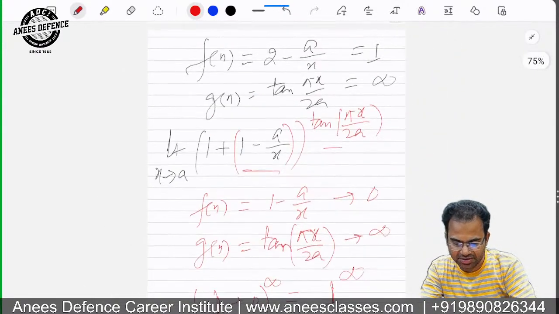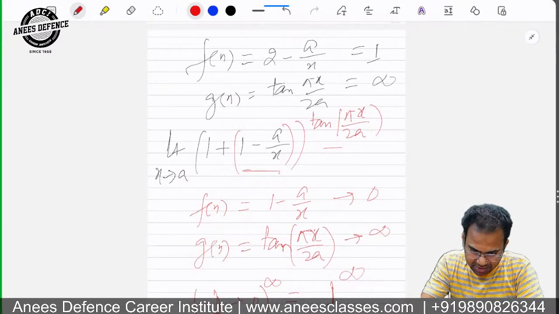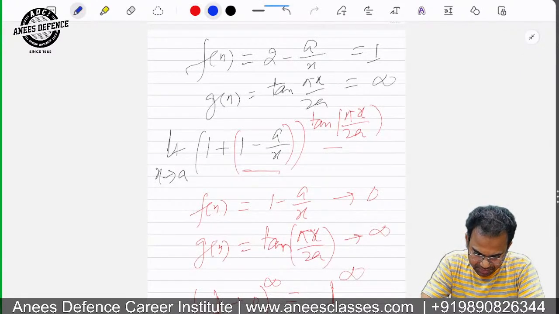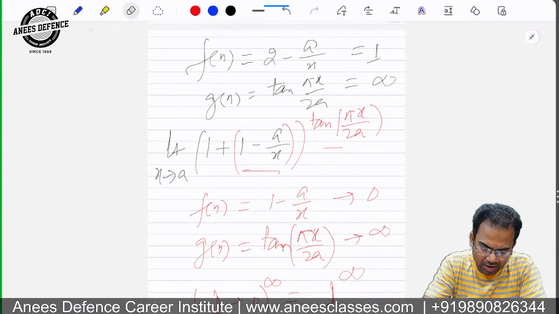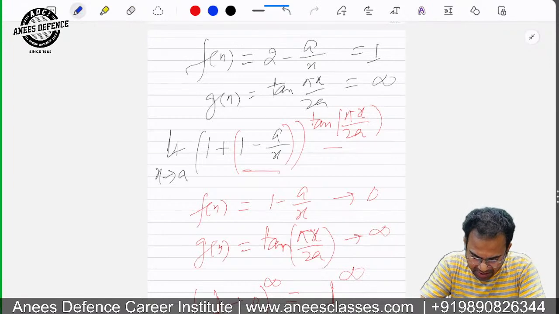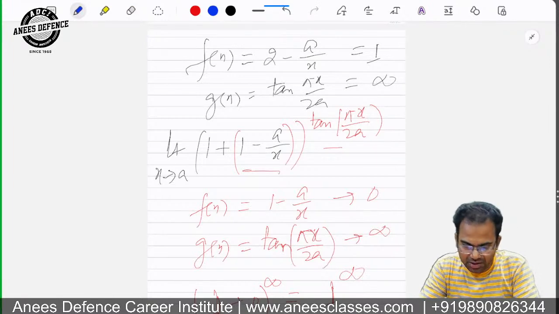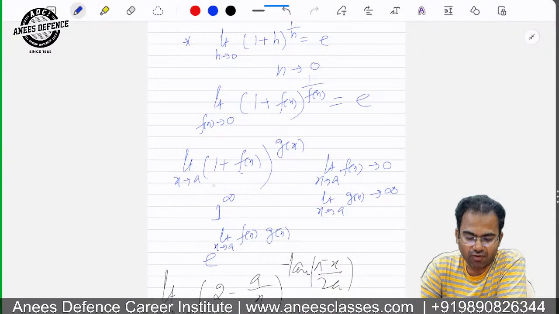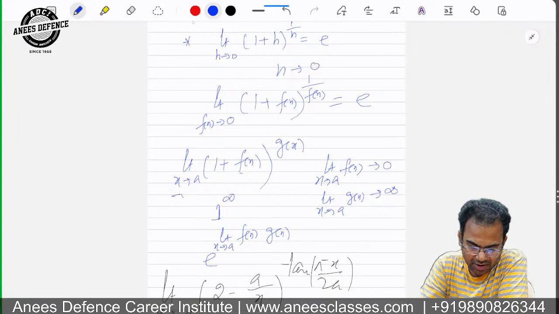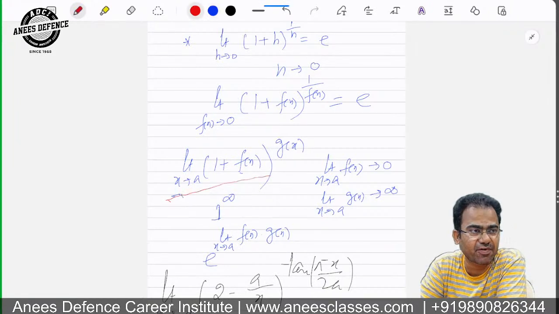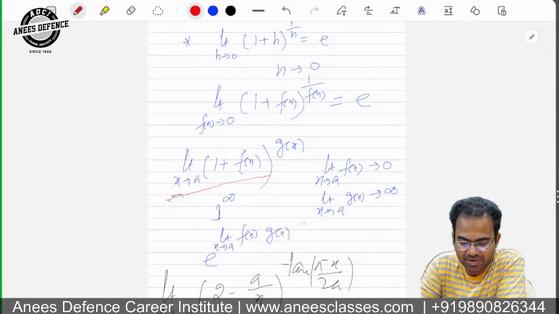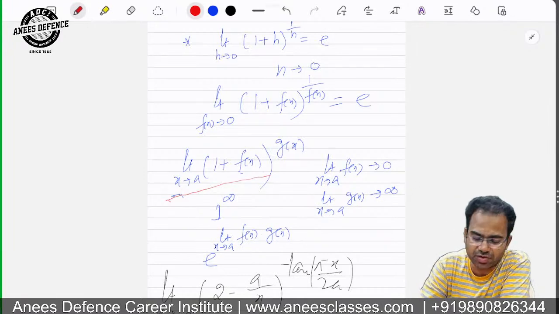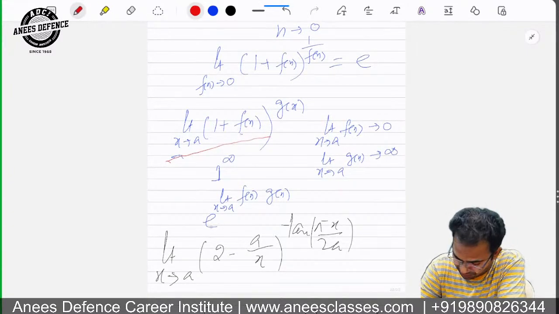So I will solve for this. I will write e to the power limit, this formula: limit x tends to a, 1 plus f of x whole to the power g of x, limit x tends to a f of x tends to 0, limit x tends to a g of x tends to infinity. Then what do we have to solve?